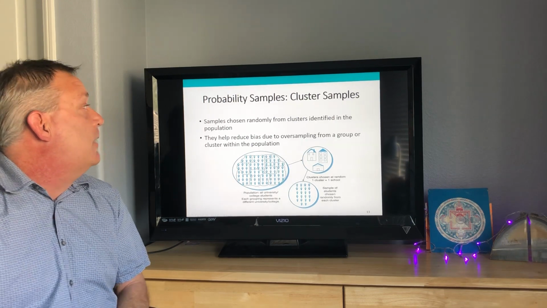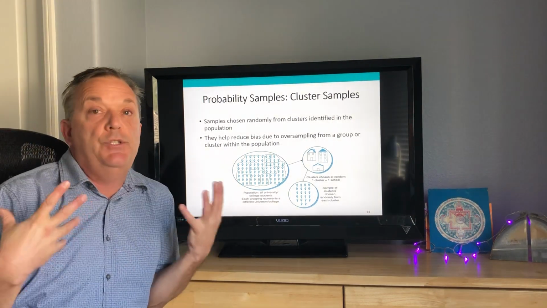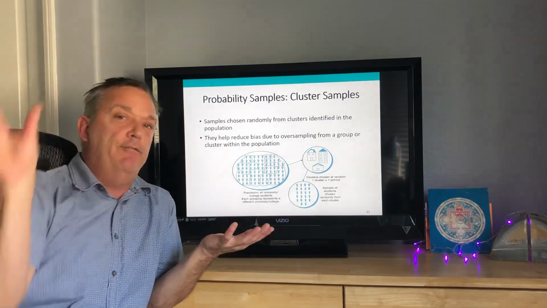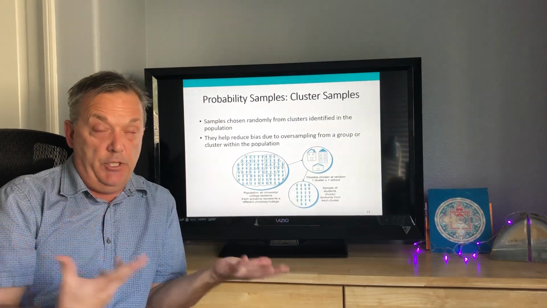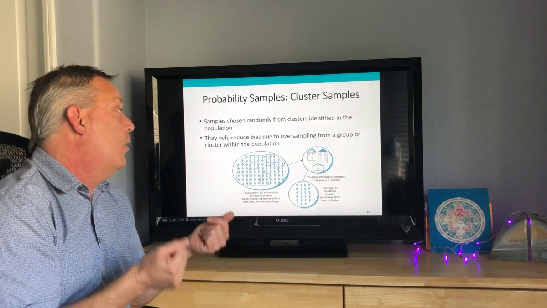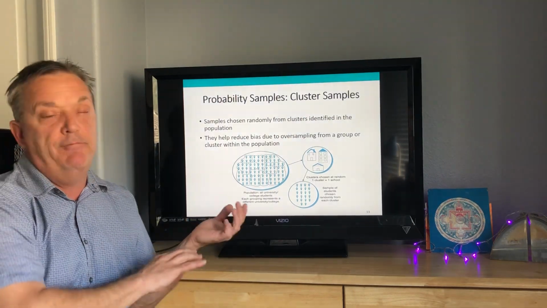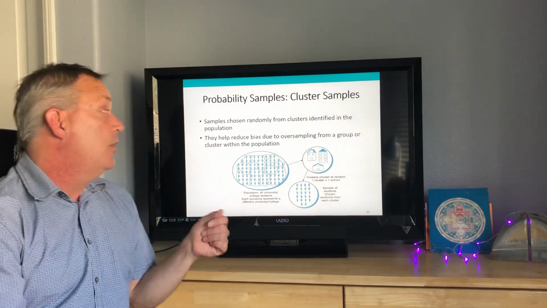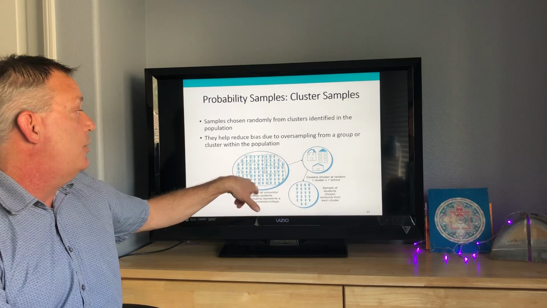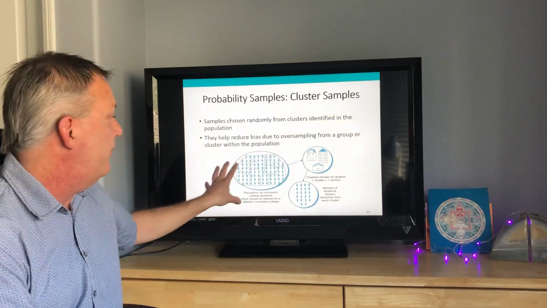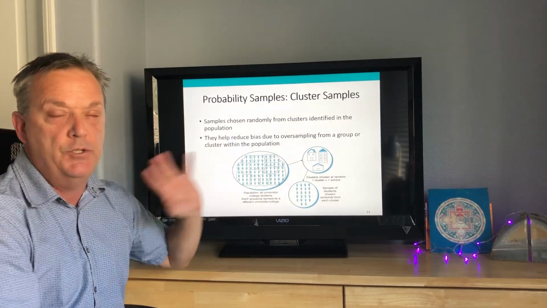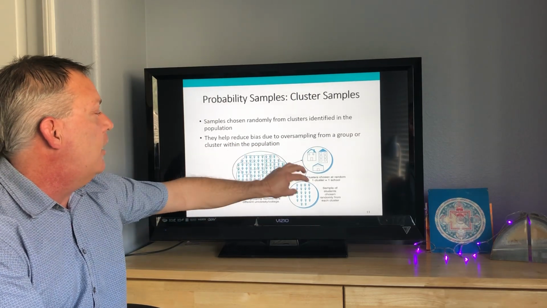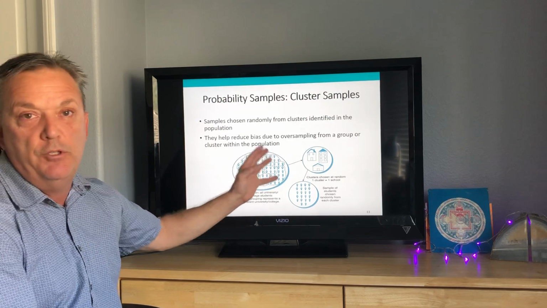Cluster samples are chosen randomly from clusters. Clusters are a way to solve the problem I was just talking about, where if you wanted to have representative people from all the states, you could do this in a cluster sample. In this example, instead of polling all the students from throughout the United States, you're going to want to make sure that you poll students not just from the big colleges, or just from the West Coast or the Pac-10, but from all of the different colleges, or all the different zones, if you will.